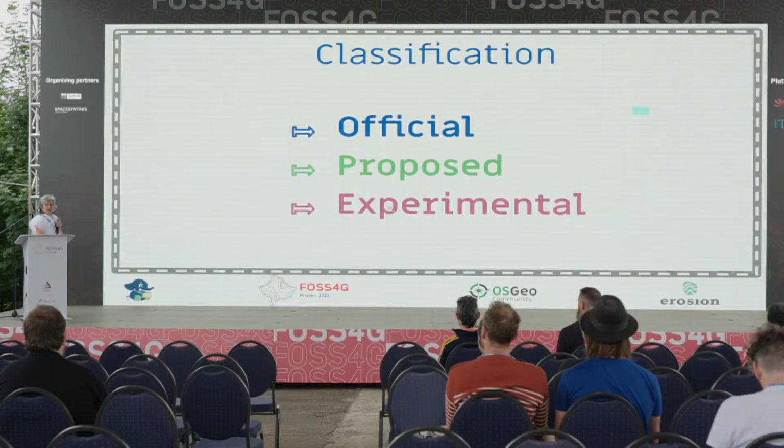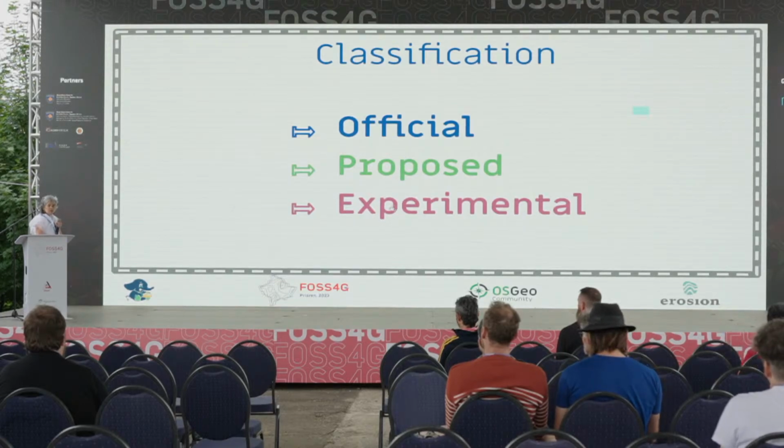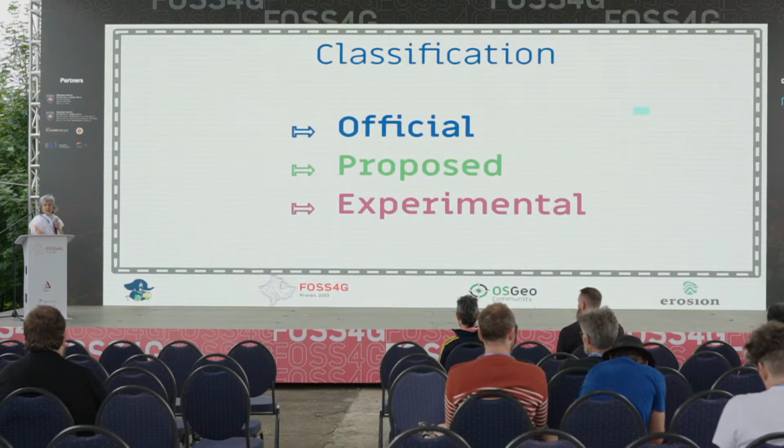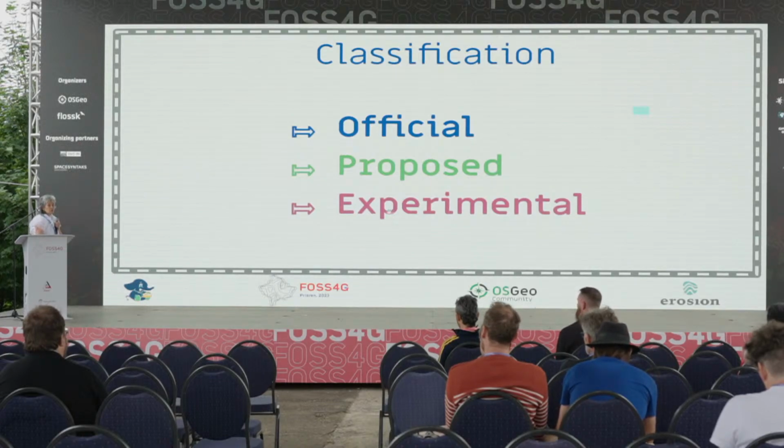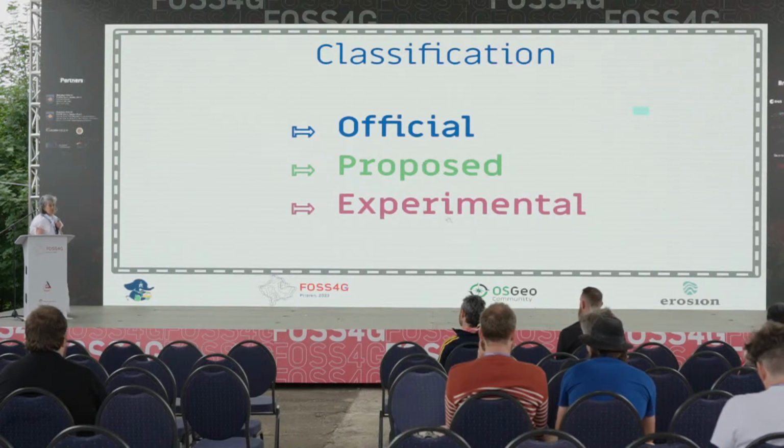Experimental functions are normally functions that were added by other contributors that need some refinement, code cleanup, and more tests, because I'm a test freak, so we need to test a lot to become proposed, and from proposed to become official, okay? So we have those classifications. The official ones are the more stable ones. But as I mentioned, pgr_dijkstra, which is an official one, is changing in 3.5.